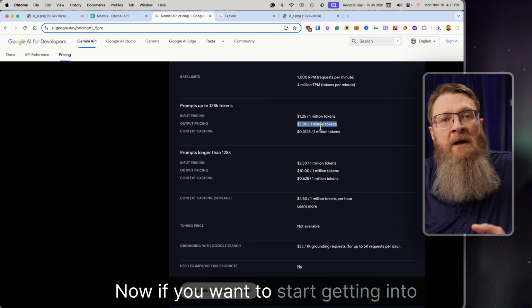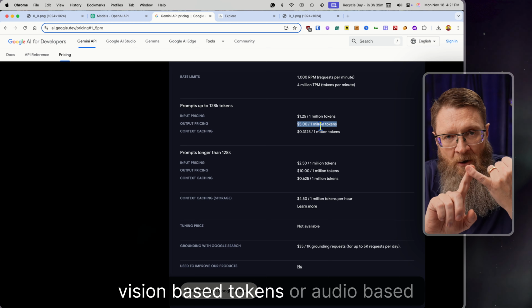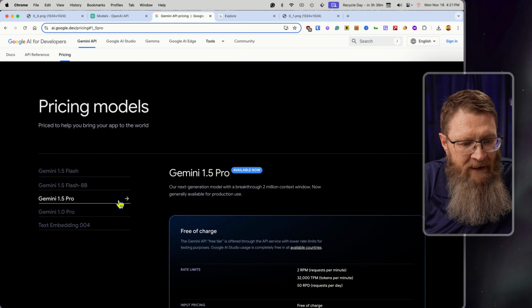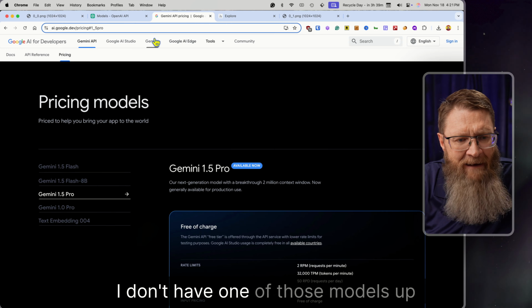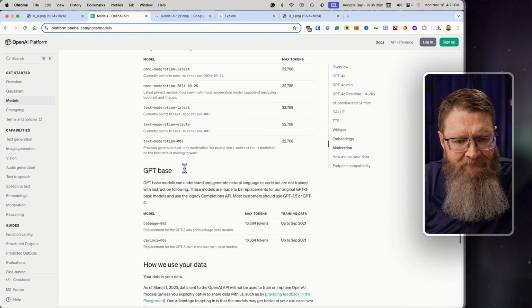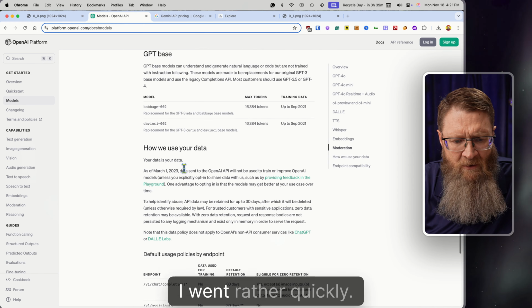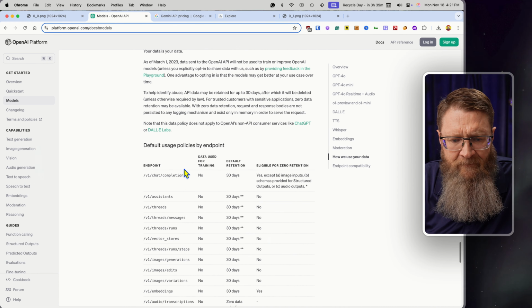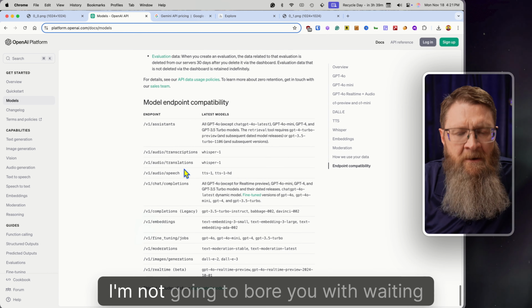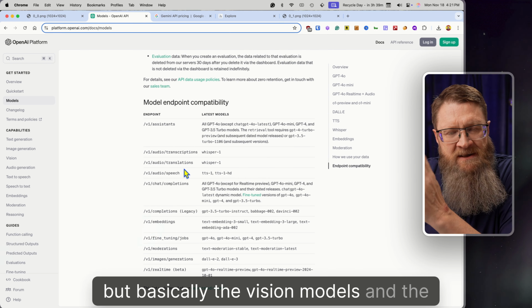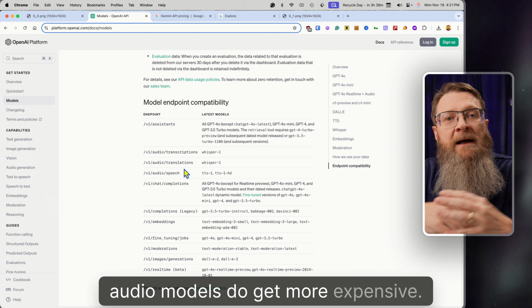The reason why this doesn't seem like a big deal right now is these are text-based tokens. If you want to start getting into vision-based tokens or audio-based tokens, they actually start getting more expensive. I don't have one of those models up here. Let's see if these DALL-E models had it. I'm not going to bore you with waiting for it, but basically the vision models and the audio models do get more expensive.